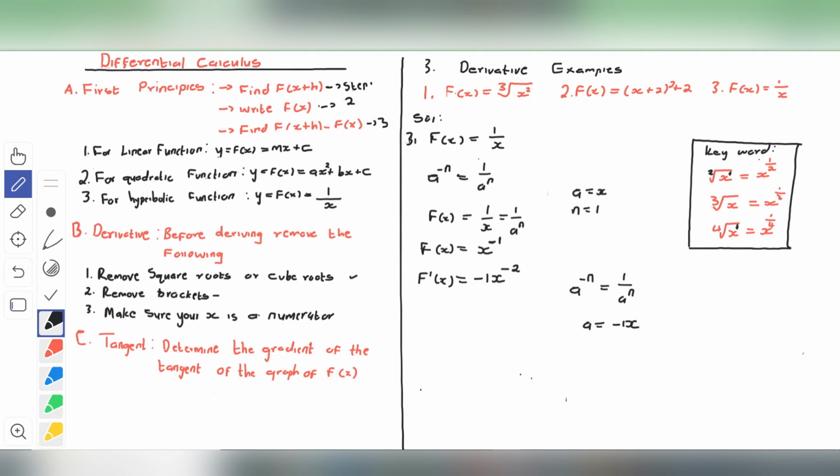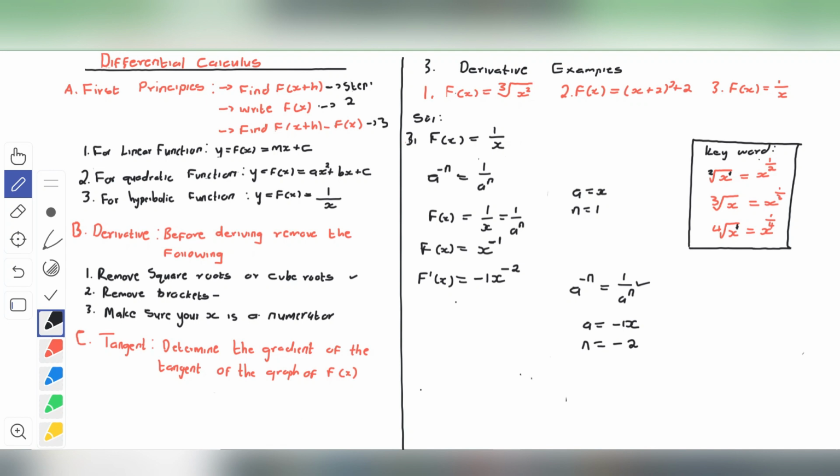What is our n? Our n is the exponent, and we can see that it's negative 2, right? So as we have a to the exponent of negative n equals 1 over a to the power of n, meaning when we write it in this format of 1 all over a to the exponent of n, we are not going to have a negative, but it has to be positive.